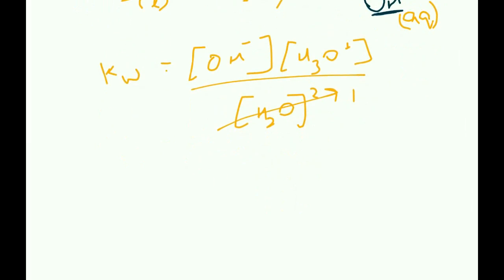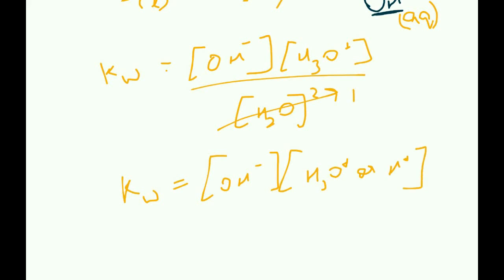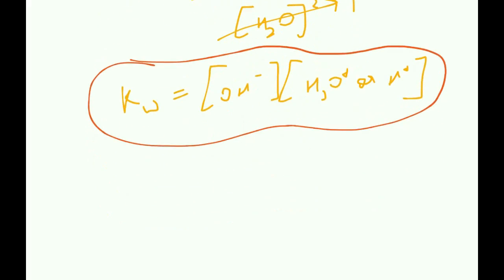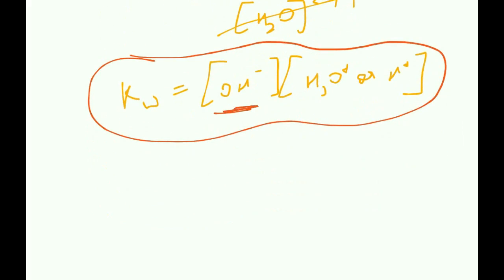So Kw is the concentration of OH negative times the concentration of H3O or H plus. It doesn't matter, they're both the same thing. And this, my friends, is an important result. The concentration of these two are going to be equal all the time.